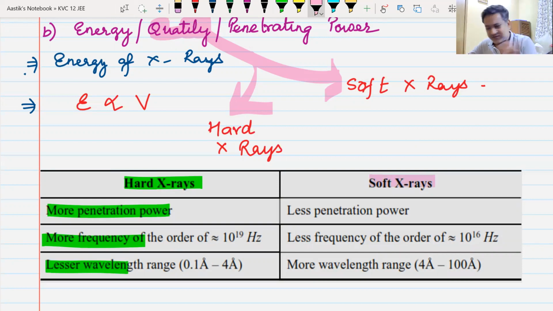Soft X-rays, they are soft, less penetrating power, they don't go so far, less energy, less frequency, more wavelength. Do we understand this? Hard and soft X-rays: classification of X-rays on the basis of their quality, penetrating power.